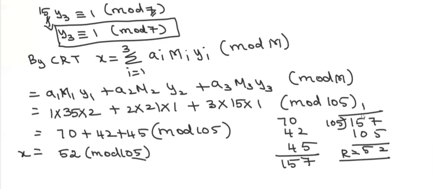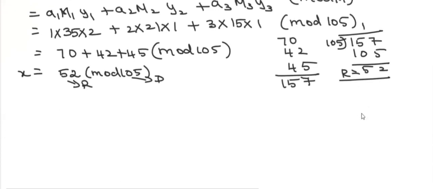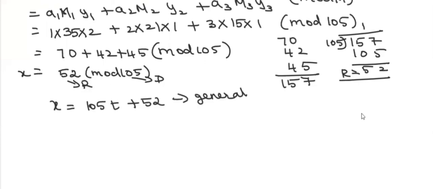This one is the divisor and this one is the remainder. So the general solution is x equal to 105 into some quotient plus the remainder. Okay, thank you.